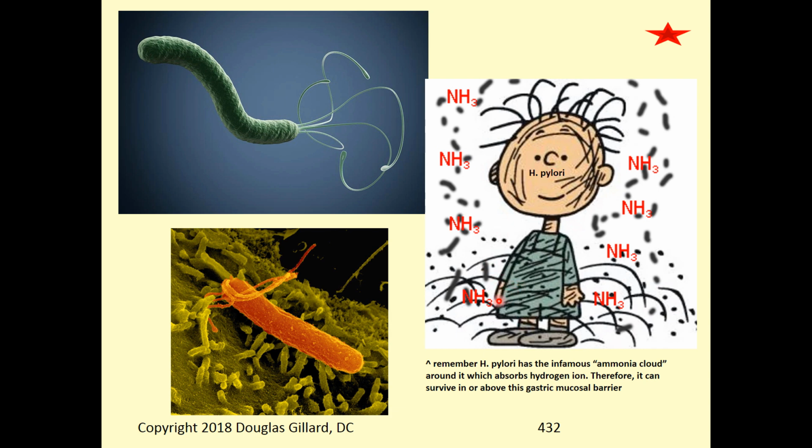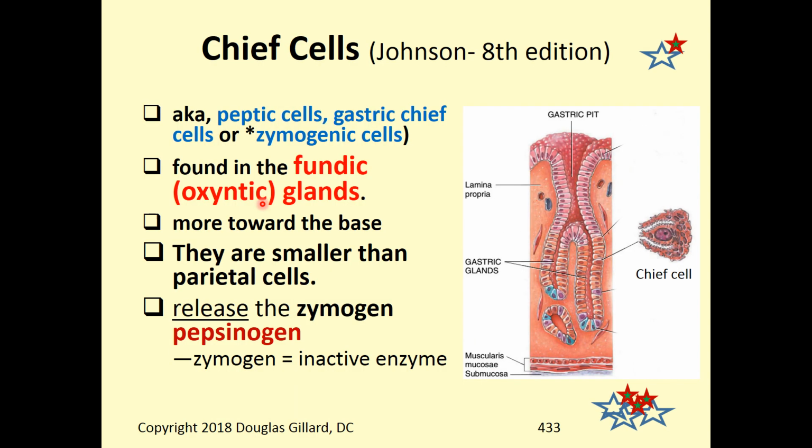H. pylori kicks out ammonia, a byproduct of its metabolism, and it literally gets a cloud, not of dirt, but of ammonia around it, and therefore it can grab hydrogen ion and neutralize it. So he can live in very, very acidic environments. So that's HP. Tough bug. We'll talk a lot about that when we talk about the gastropathies.